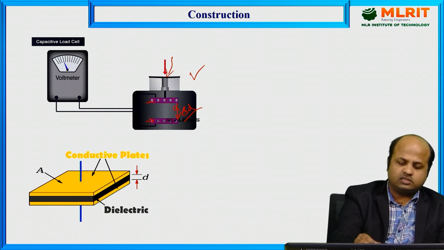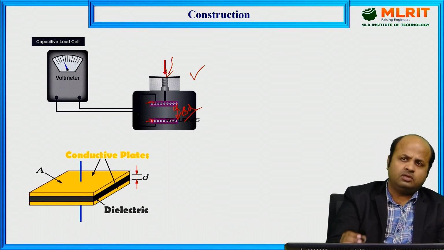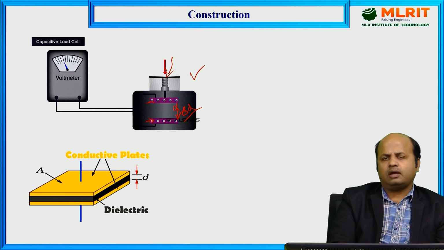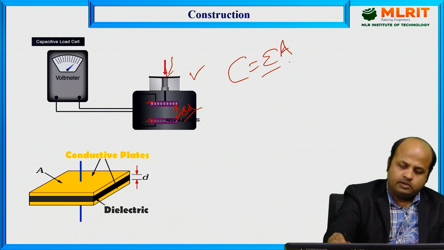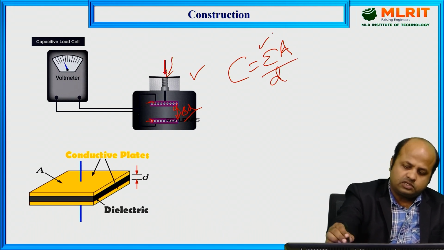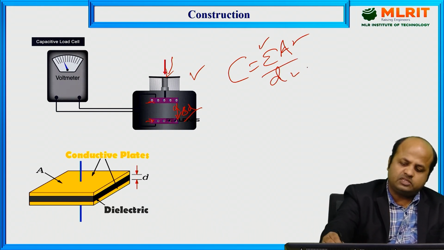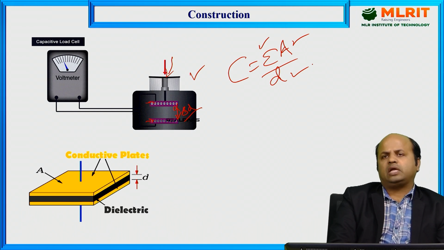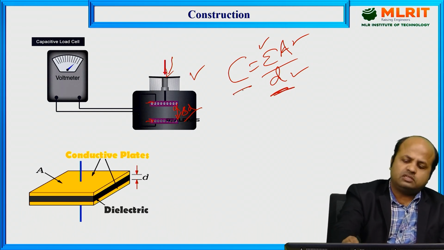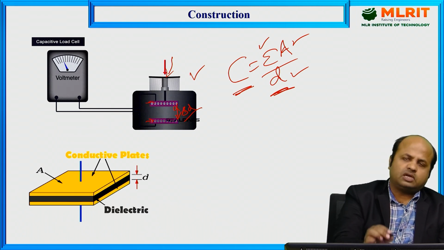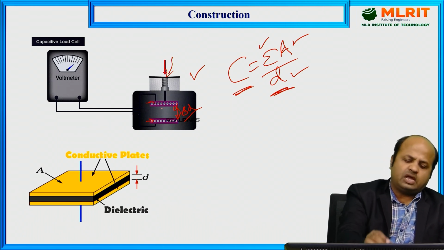How? Let us understand how the distance affects the capacitance of a capacitor. As we know, capacitance is given by epsilon A by d. Epsilon is constant, A is the area of the plate, and d is the distance between the two plates. So whenever the distance between the two plates changes, obviously the capacitance of the capacitor will change, which is happening here.